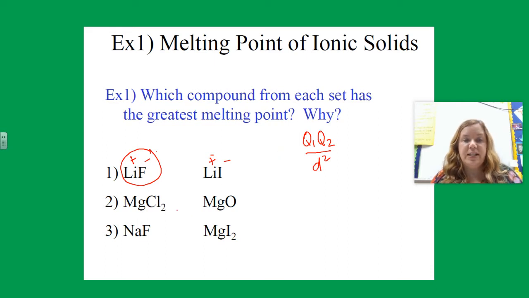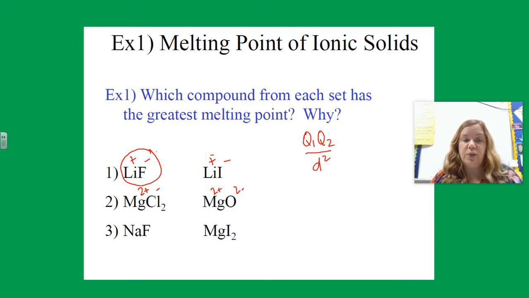If we look at MgCl2 and MgO, we've got a 2+ and a minus in one, and a 2+ and a 2- in the other. Cl is going to be in the third energy level, so that distance is going to be larger.